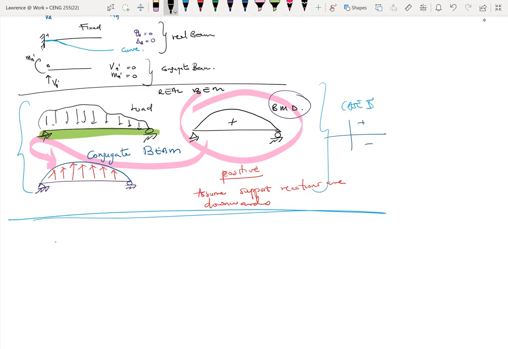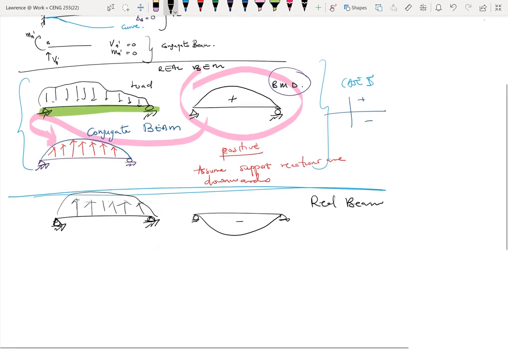Then we have another case whereby, again, let's say similar loading, whatever the loads might be, so that we end up with a negative bending moment. Okay. Let me make sure they are the same so that it doesn't confuse anybody. And let's say we get a negative bending moment. All right. So this is for the real beam.